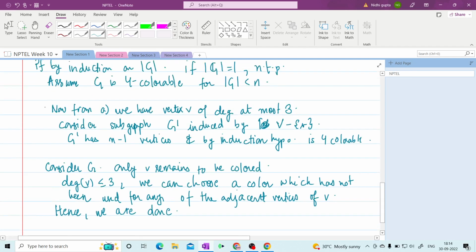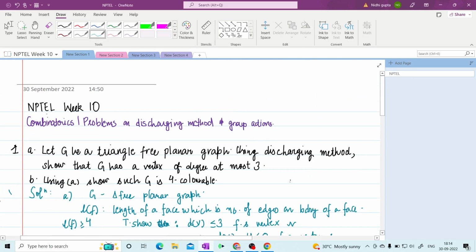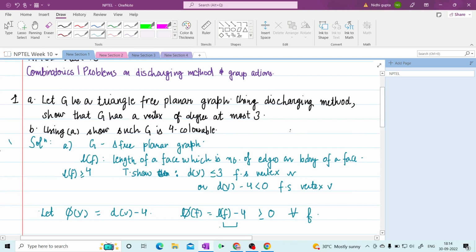So we have shown that a triangle free planar graph is 4 colorable.